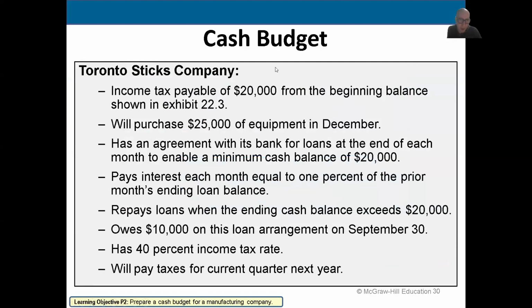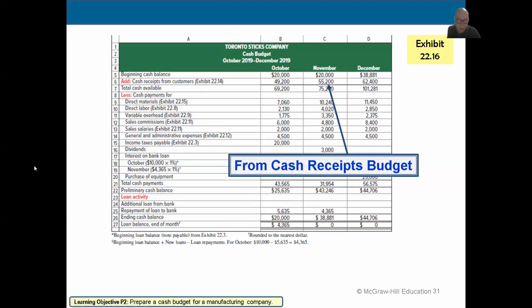And this is an example of the cash budget for our company. And this is a nice graphical representation of all of those things together in one spreadsheet. So beginning balance plus cash we expect to have from our customers minus cash payments for each month equals a preliminary cash balance.